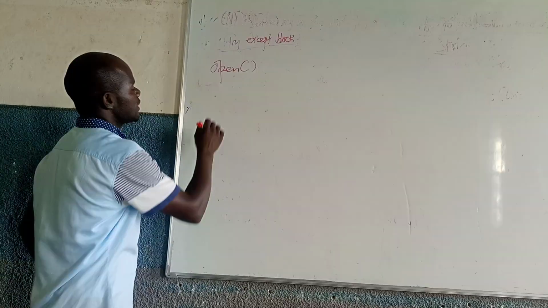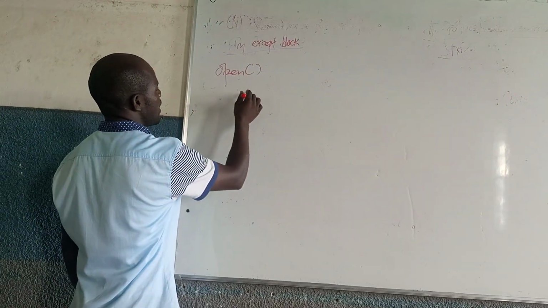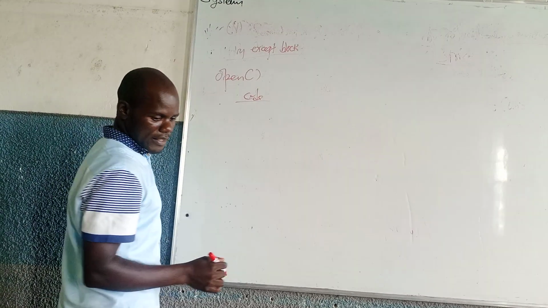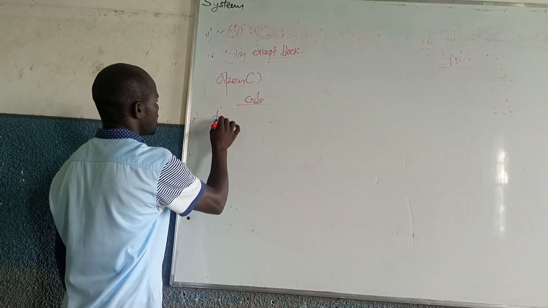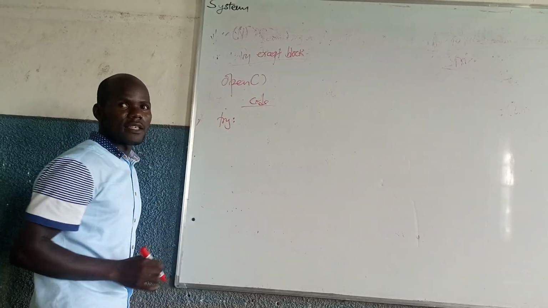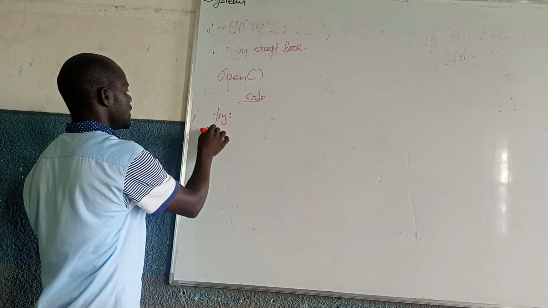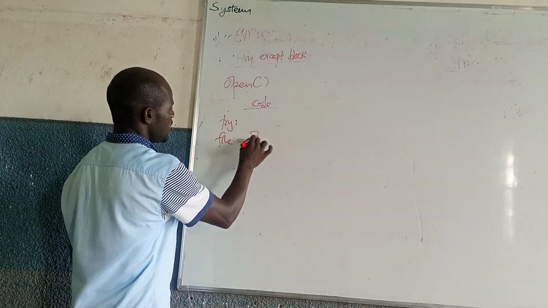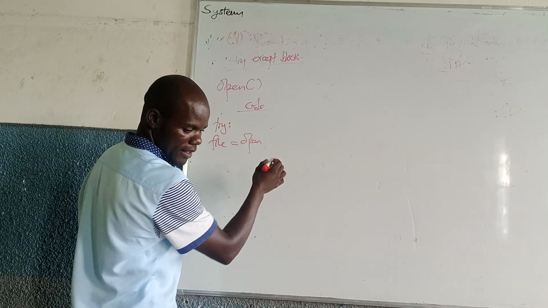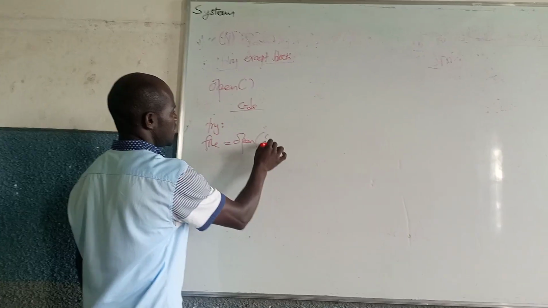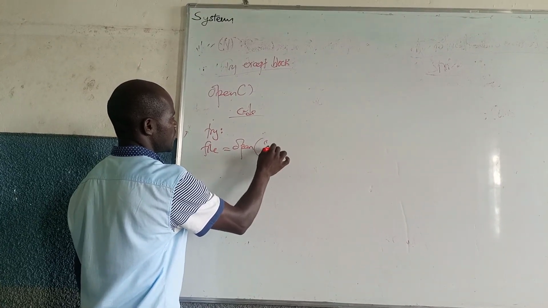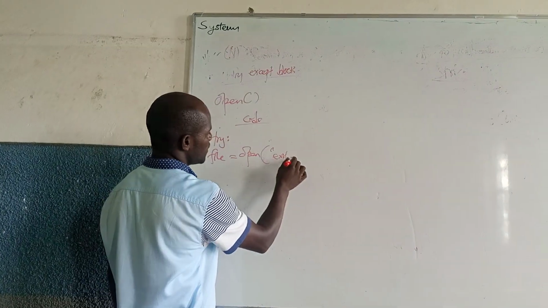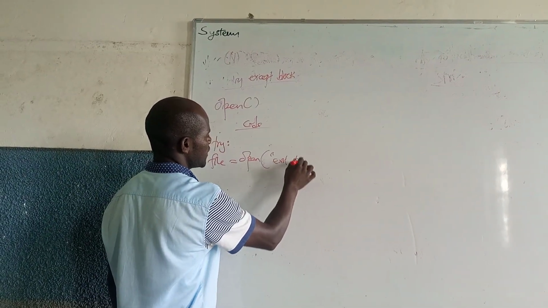Then, for example, we shall have our code here, which says try. We start with try. Okay? Yes. And we say file is equal to open, then of course exist dot txt.